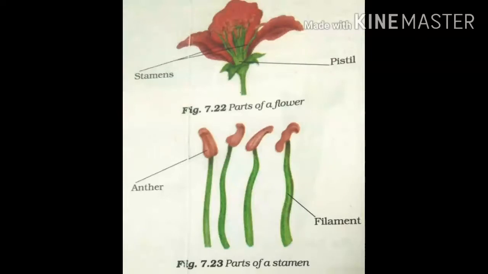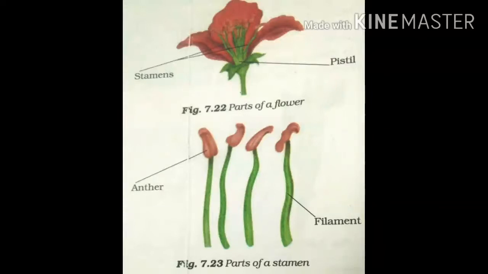Yes, we can see some powdery substance on our hand. That yellow powdery substance is what we call pollen grain. This pollen grain takes part in reproduction.